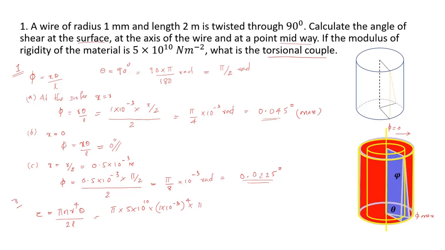Theta is pi by 2, the whole divided by 2 into length of the material, 2 meter. So when we solve this, we will get it as 6.16 into 10 to the power negative 2 Newton meter. And this is the torsional couple experienced by this material when it has undergone a 90-degree twist.